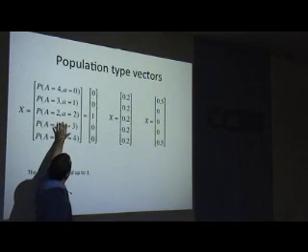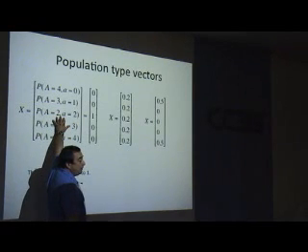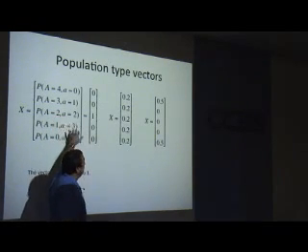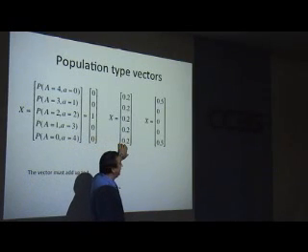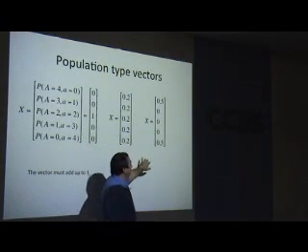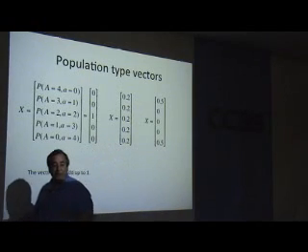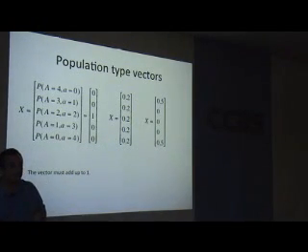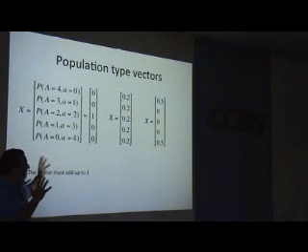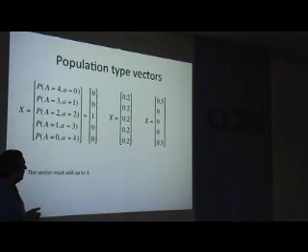Here, as I say, this was one where everybody has 2 big A alleles and 2 little a alleles. Here's where every population type is equally frequent. Here's one where a population is either fixed for the big A allele or fixed for the little a allele. Notice they add up to 1 in every case. And so all of those are valid vectors.